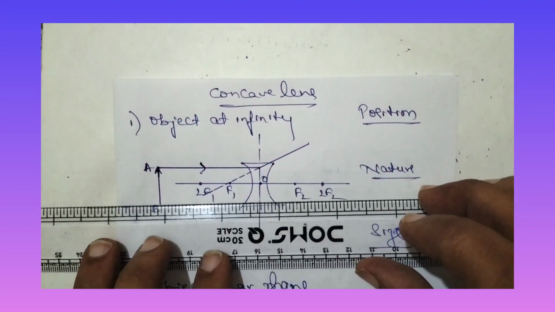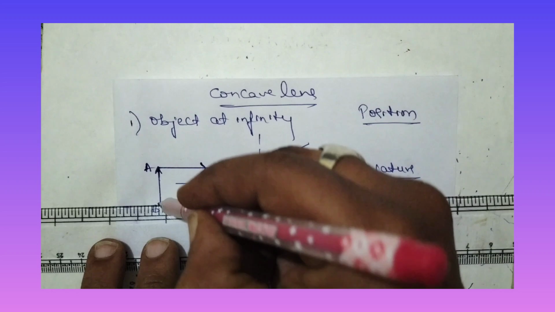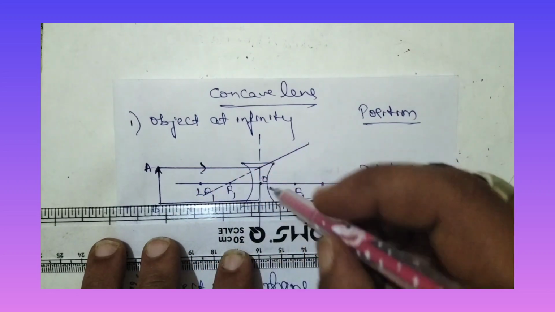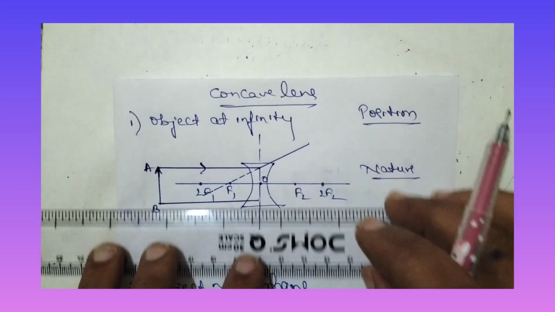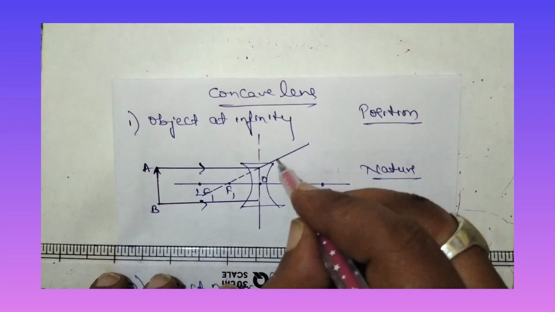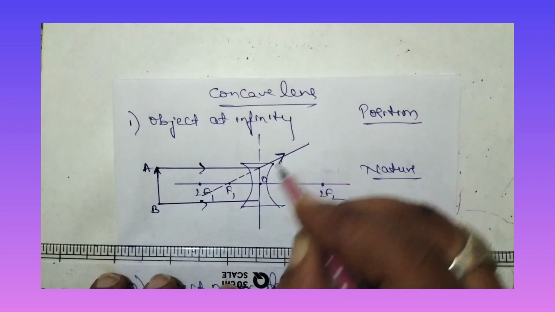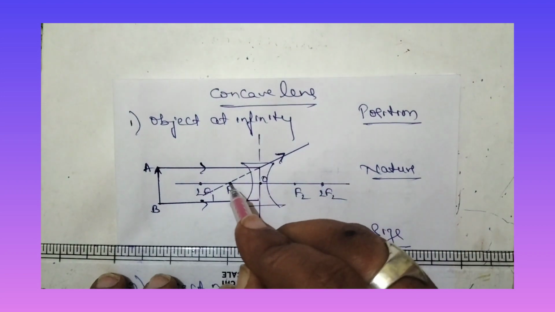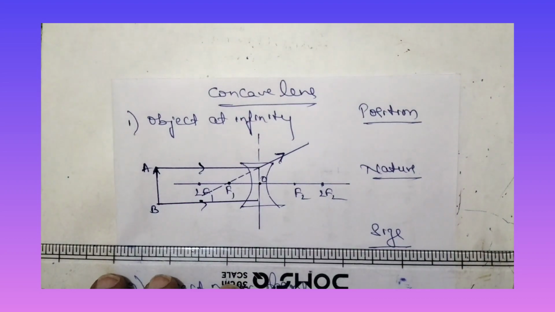Then the light ray which is parallel to the principal axis, after refraction, should get deviated. Actually it should move in this direction, but its path continues like this and that light ray passes through the principal focus.